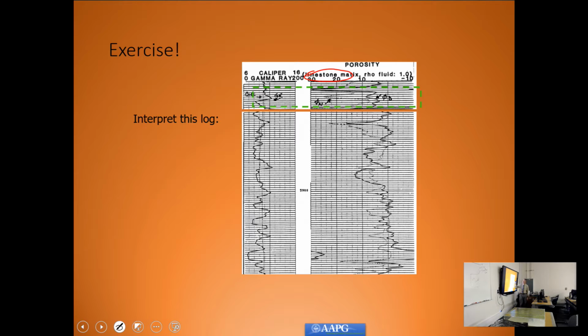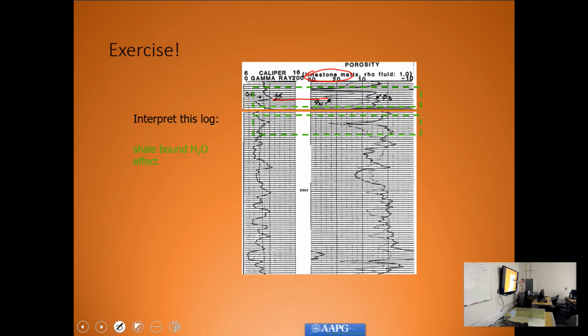Now, what do you look at for the gamma ray to ask, is it really a shale? Well, right here, it's showing a fairly hot number for the gamma ray, and that's correlating to a peak on the neutron tool. So the neutron porosity is counting hydrogen. That hydrogen is bound to water within the shale. So once you see that effect in one place, you can recognize it in a number of places all across the log.